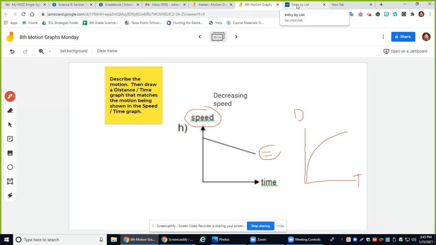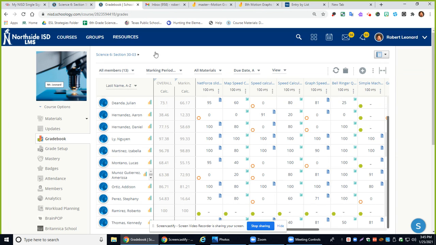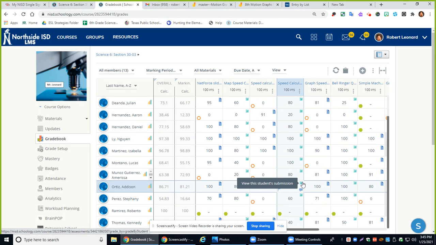Oh, that's what I forgot. One thing I forgot is missing work. If you are missing the Simple Machine Lab, aka the Pickle Lab, I sent you an email on Friday, and I probably sent out 40 emails to students missing that lab.